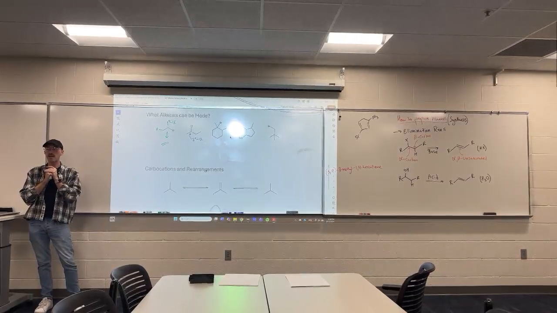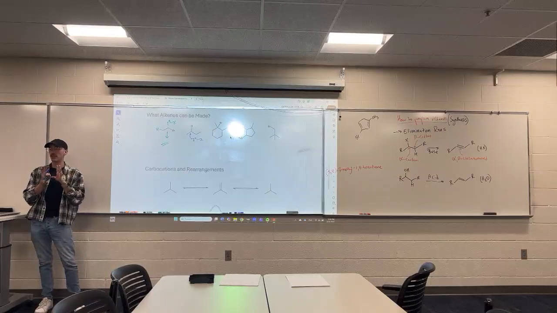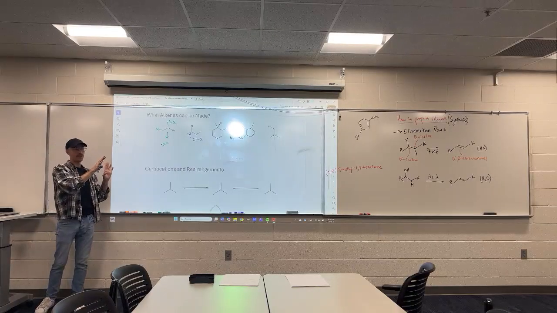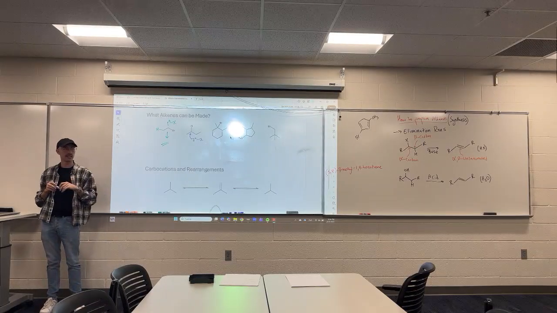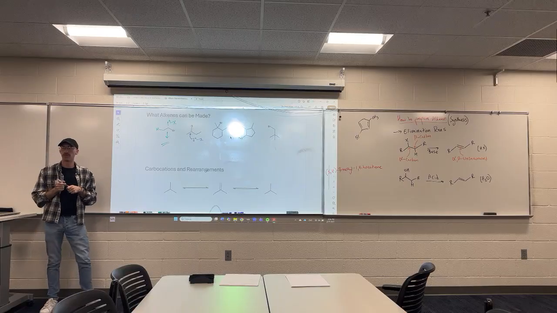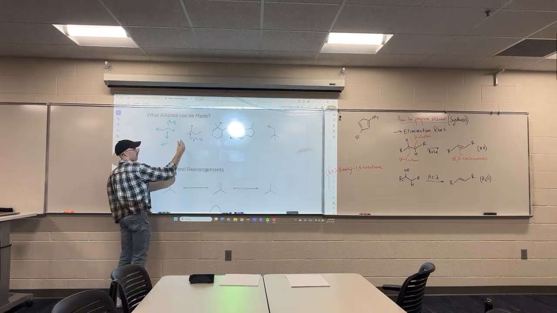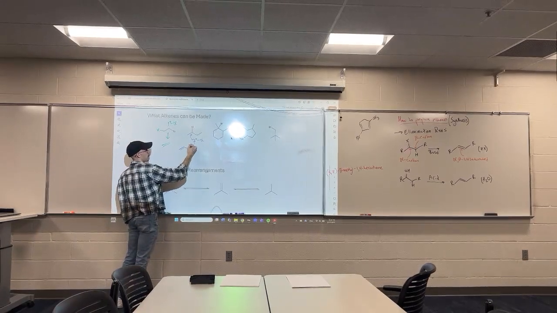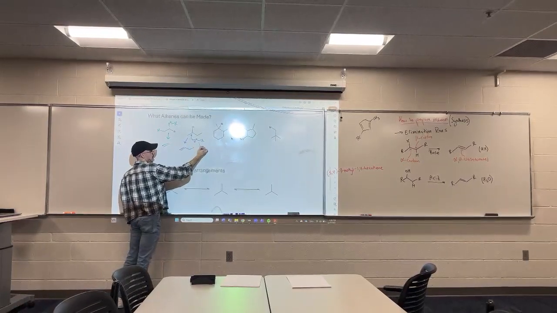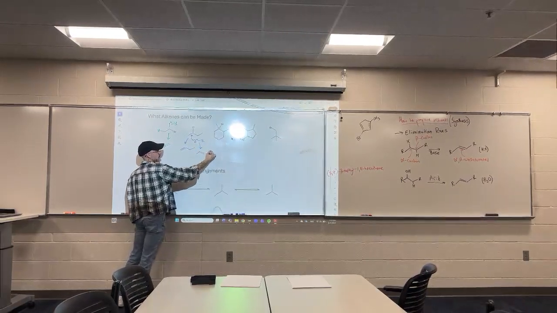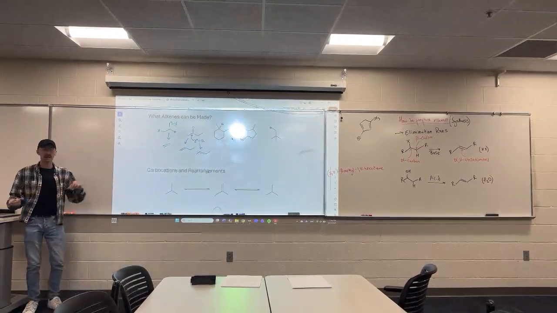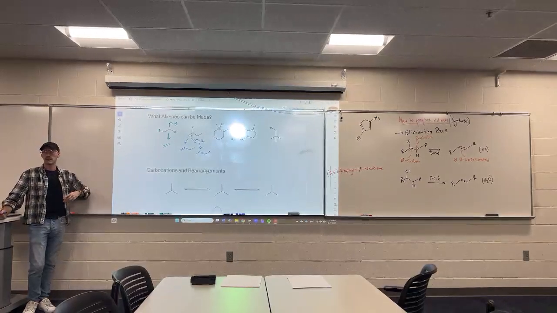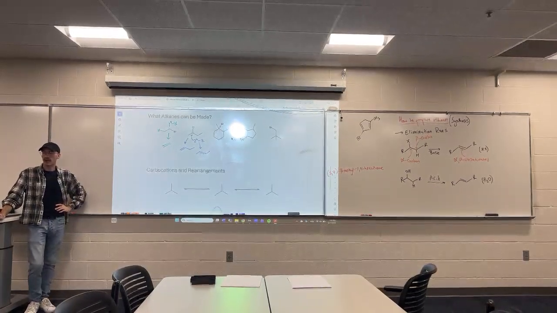There are 2 beta positions. So how many places could I take a hydrogen from and kick off the halogen to form an alkene? 2. One of them on the left, one of them on the right. Oh, wait, whoa, hey, isn't that a stereoisomer alkene?